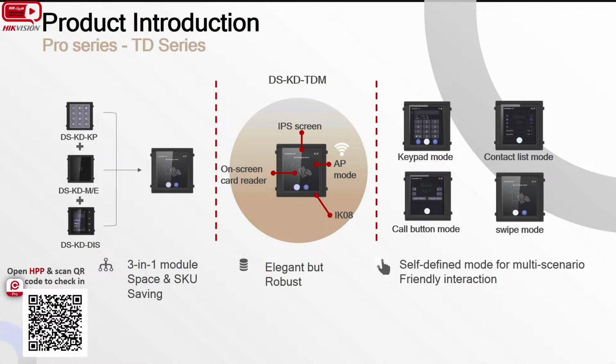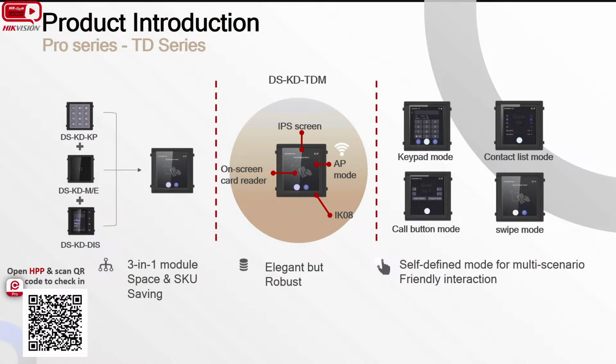So the difference between the TDM and the TDE is the card reader function. And for the card reader, we have different frequencies. For some, we have 13.56 MHz, or 125 kHz. So with different frequencies, we will have different card readers.